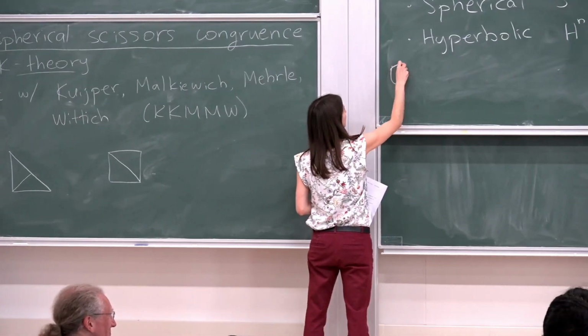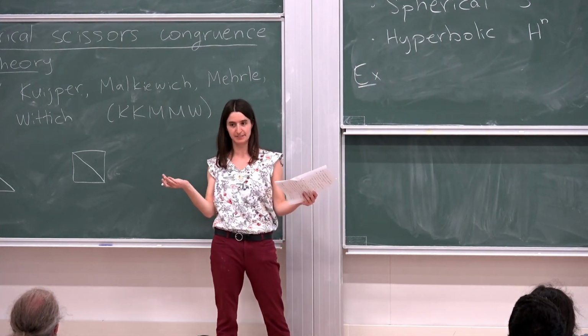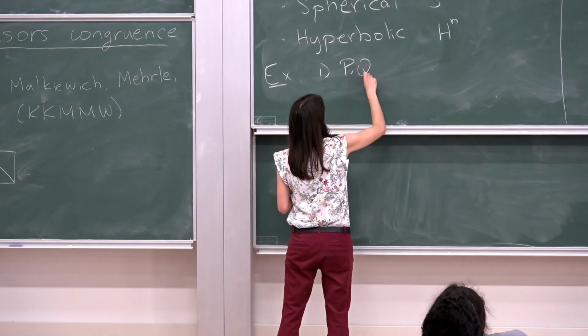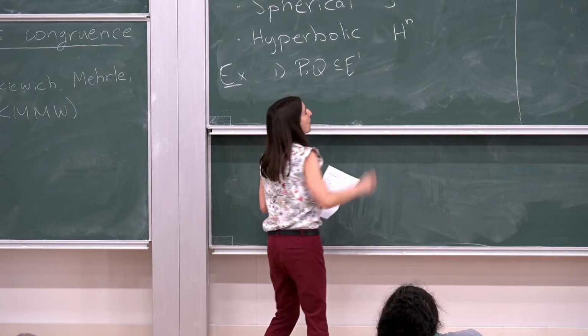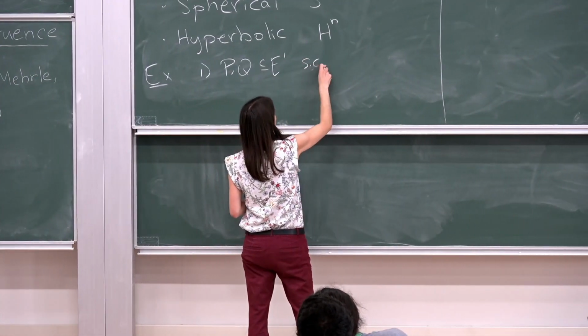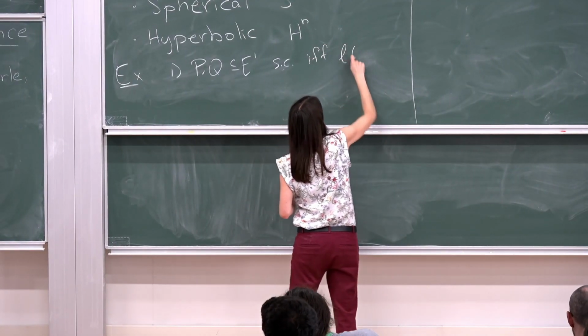Here are some low-dimensional examples. If you have polytopes in one-dimensional Euclidean space, they are scissors congruent if and only if their lengths are the same.